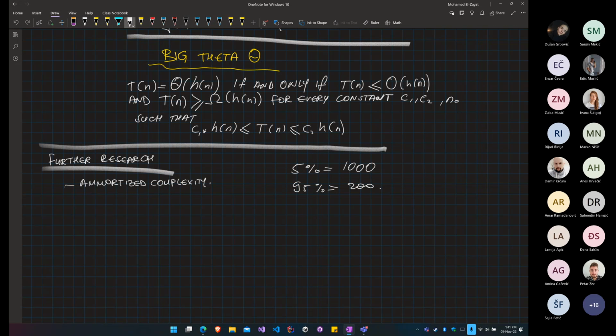And this is the difference between amortized analysis, or amortized complexity, and this classical way of figuring out the asymptotic notation of a function using the technique which I've shown you. With amortized complexity you will also get the asymptotic notations, the classification of a function, whether it is big O, small o, big theta, or small omega.